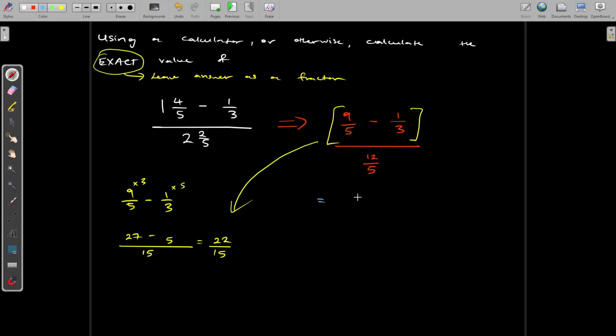This is equal to 22 over 15 over 12 over 5. So what is happening here? We see a fraction in the numerator over another fraction. What is this saying?